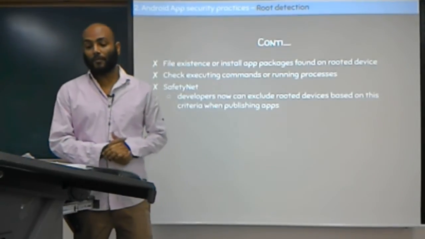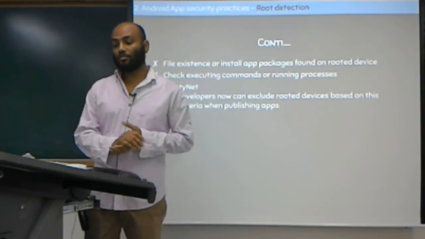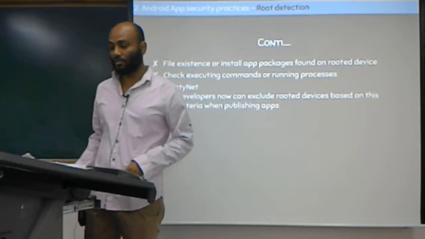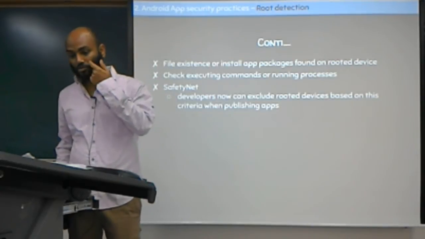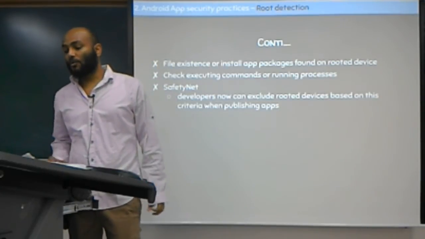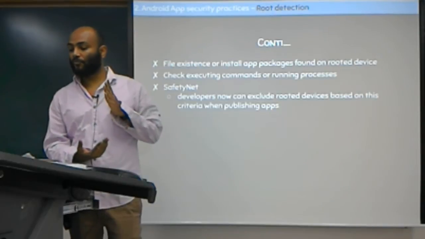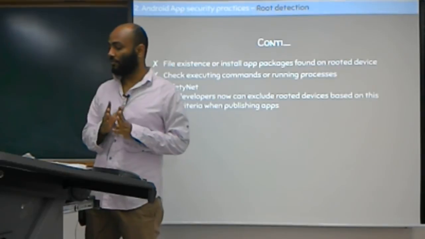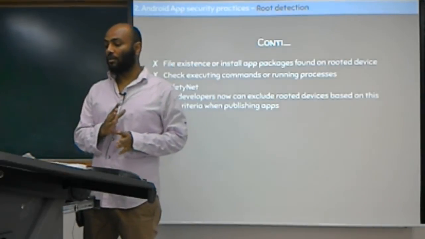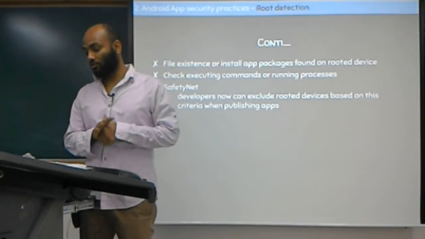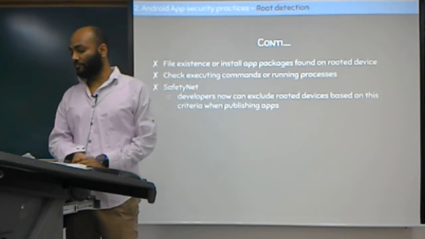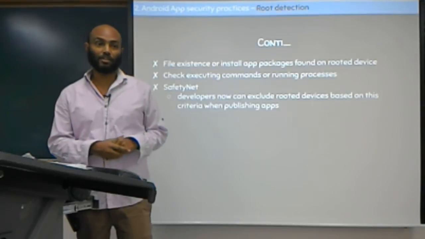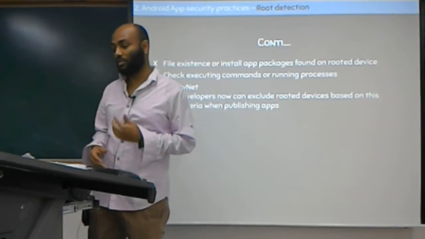Common methods to detect if the device is rooted or has a custom ROM installed: first, check if there are apps or packages installed on the device, such as superuser, daemon, KingRoot or BusyBox, which are used to root the device or to communicate with it.